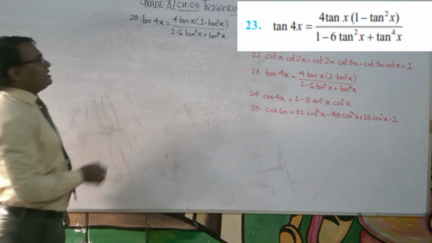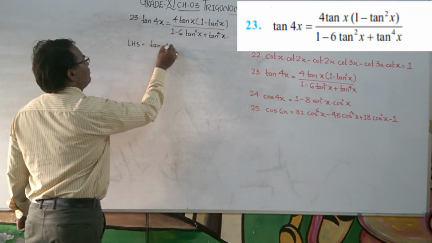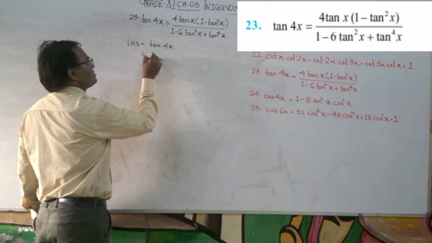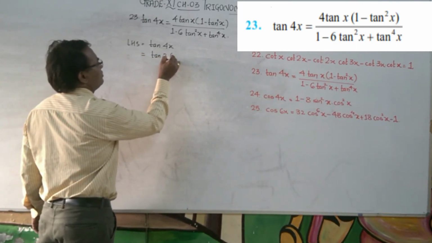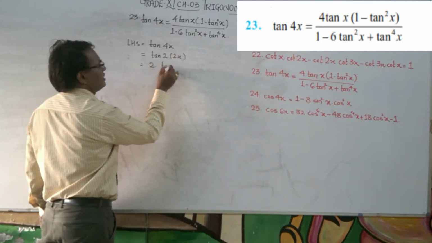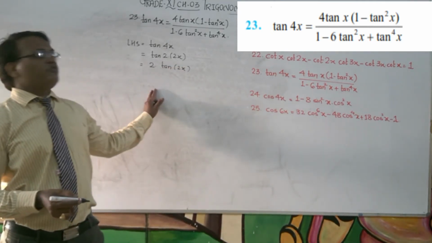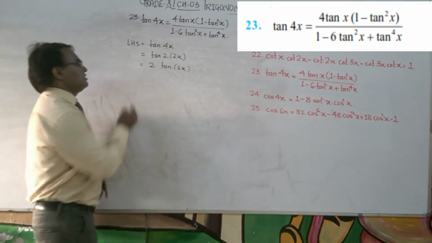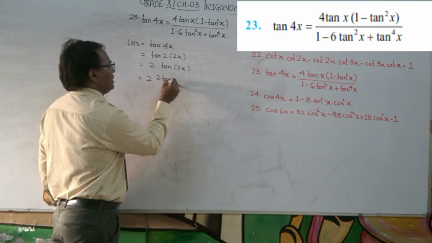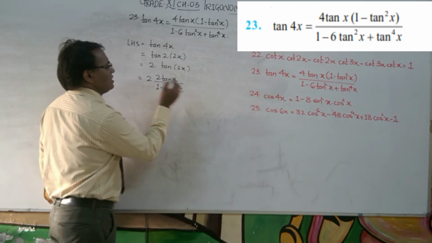Now again the same thing, LHS is equal to tan 4x. Now tan 4x can be written as tan 2 into 2x, or as 2 into tan 2x. Now we know the formula for tan 2x, that is equal to 2 tan x divided by 1 minus tan square x.